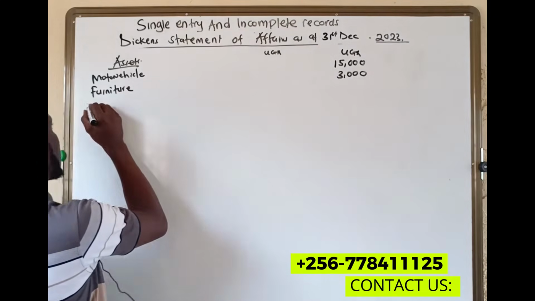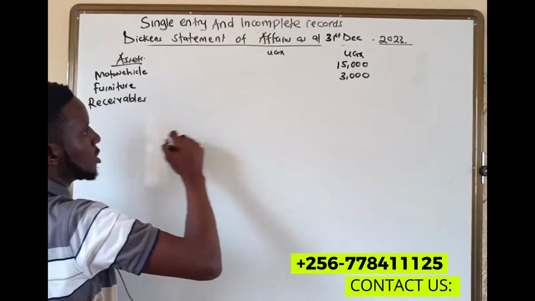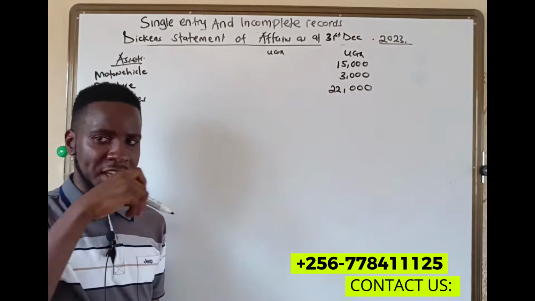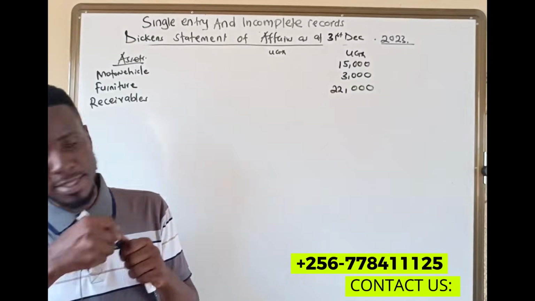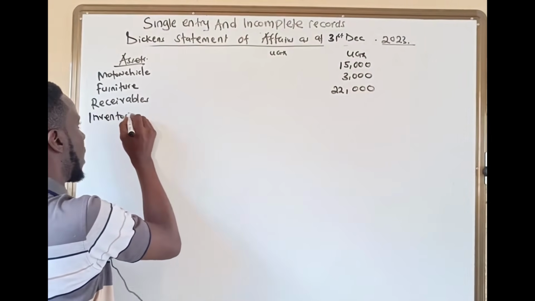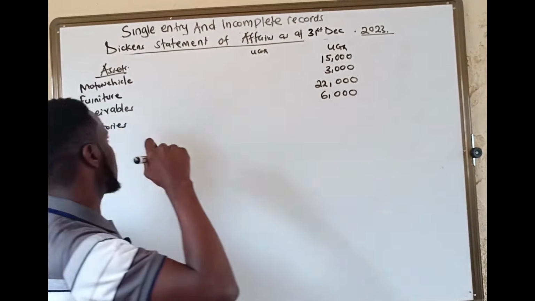So receivables, 22,000. Then our next item is inventories, which was worth 6,000. So inventories, 6,000.